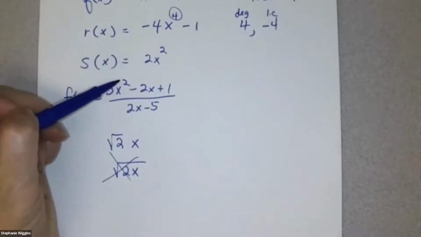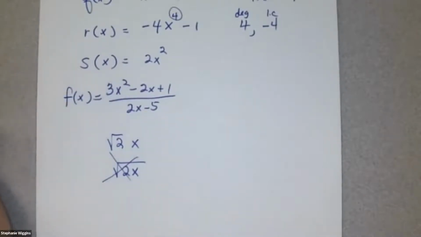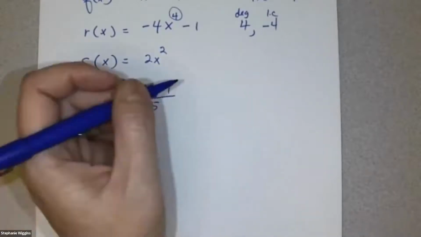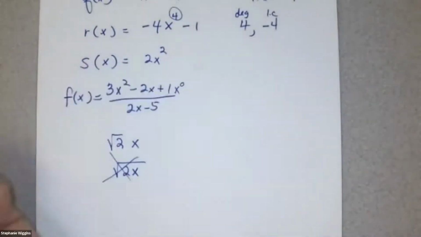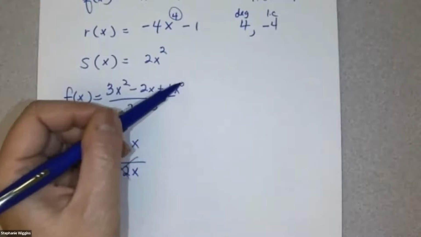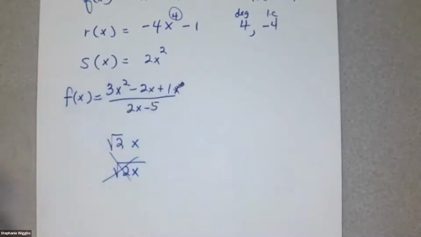So they have to be positive integers, or whole numbers. If you have a constant, your x is like x to the 0, but x to the 0 is 1, so we don't write it. But just be able to identify polynomials, find the degree, find the leading coefficient, and then use that to determine the end behavior.